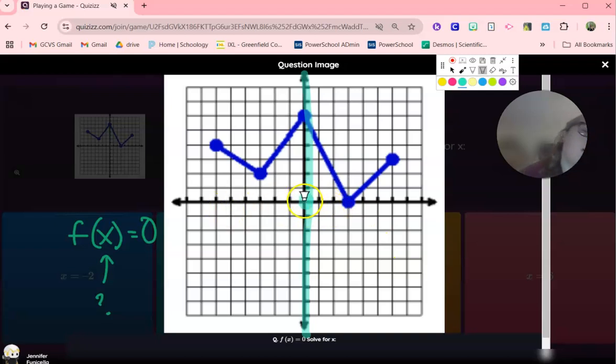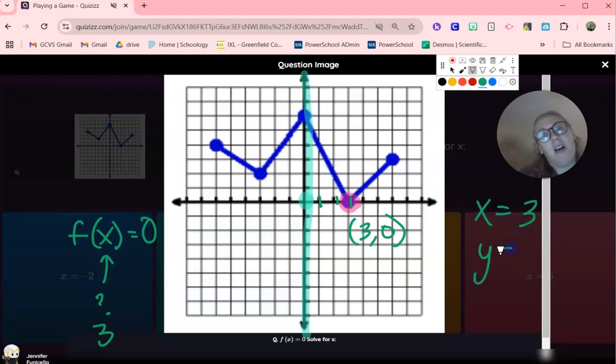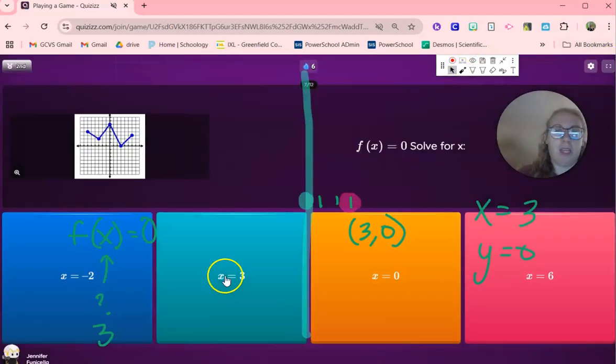So we're looking for a point that's on the x-axis because that's when y is 0. And we see this point right here. This is 3 comma 0. So when x is 3, y is 0. So when x is a positive 3, our y value, or f of x, or f of 3, is 0. So we're going to plug in 3.